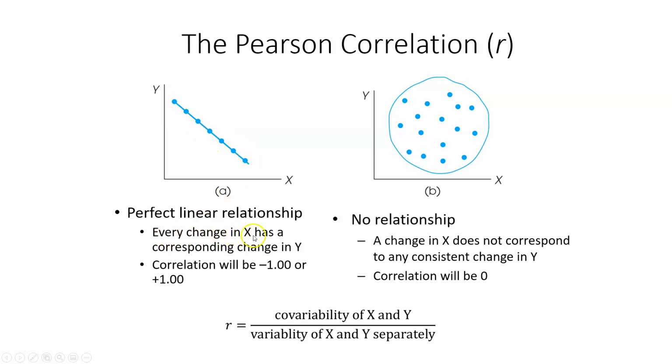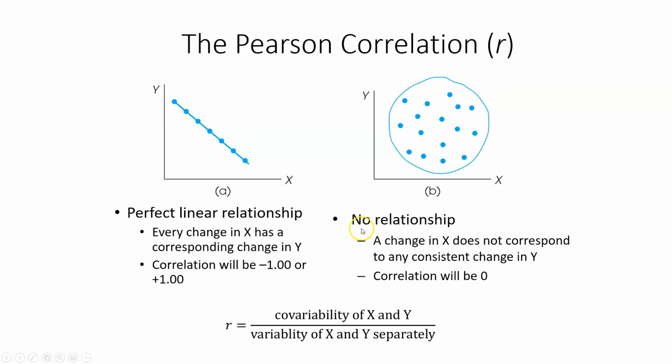So every change in x has a corresponding precise, exact change in y. And like I said, the correlation can be -1 if it's in this negative direction, or it could be +1 if it were in the upward direction.